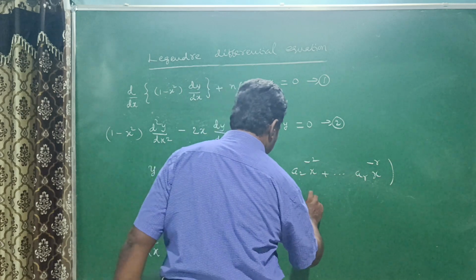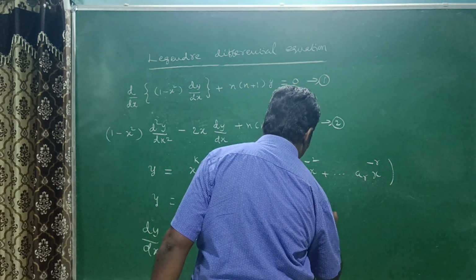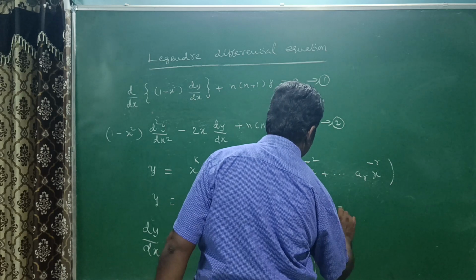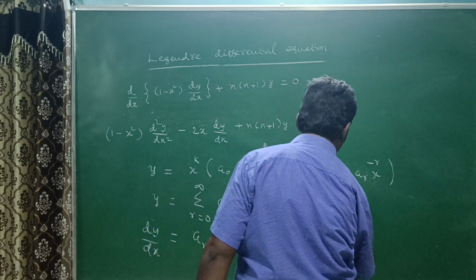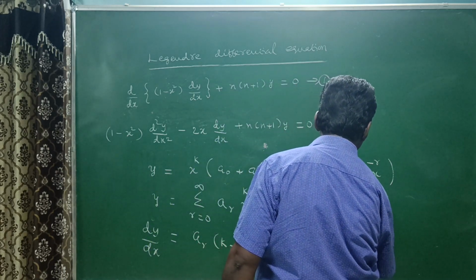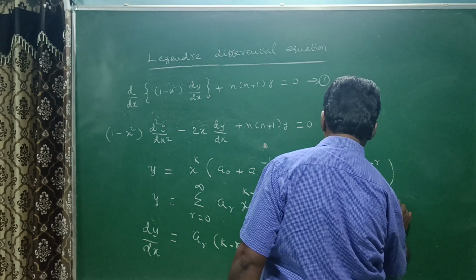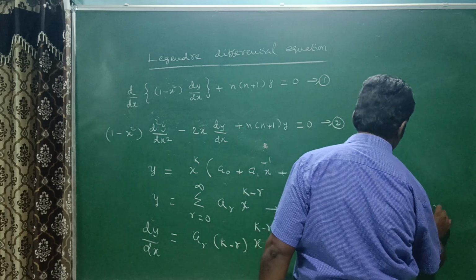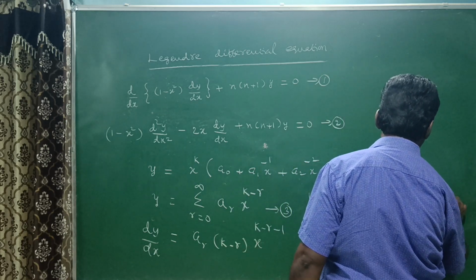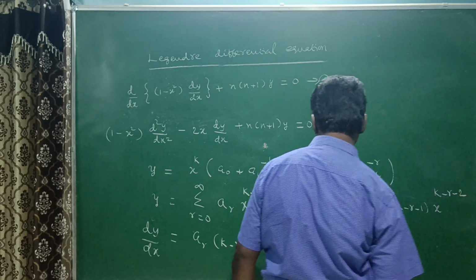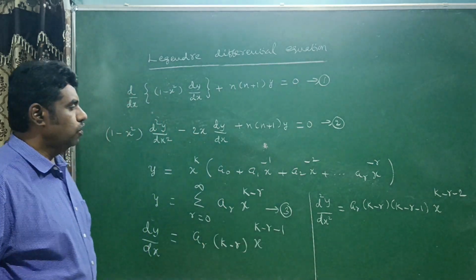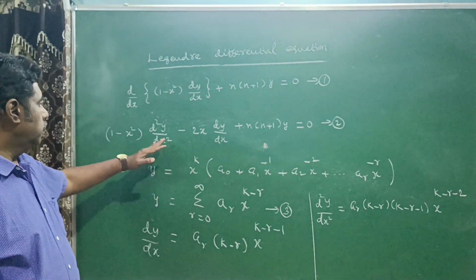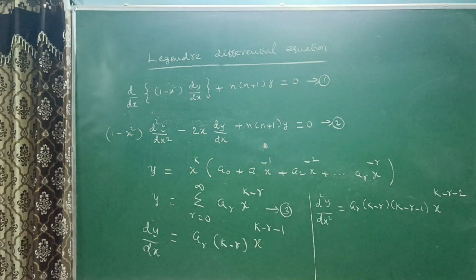Then d square y by dx square equal to ar (k minus r)(k minus r minus 1) into x power k minus r minus 2. This is the value of d square y by dx square. Now we have to substitute these two values in equation 2.